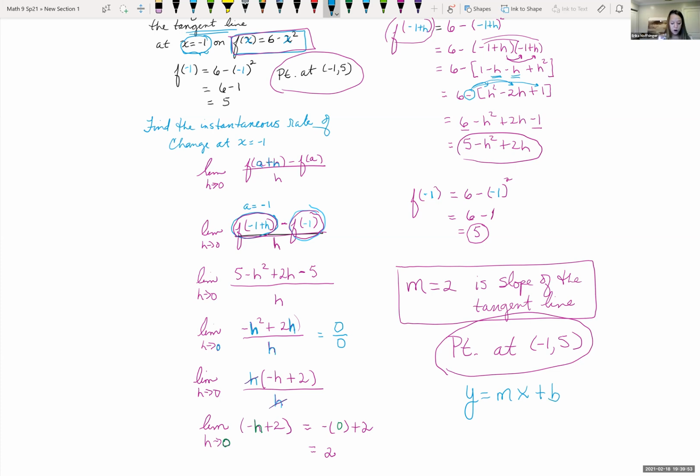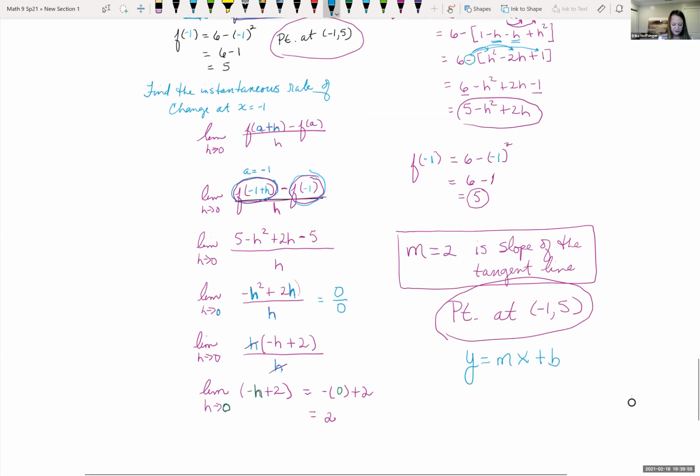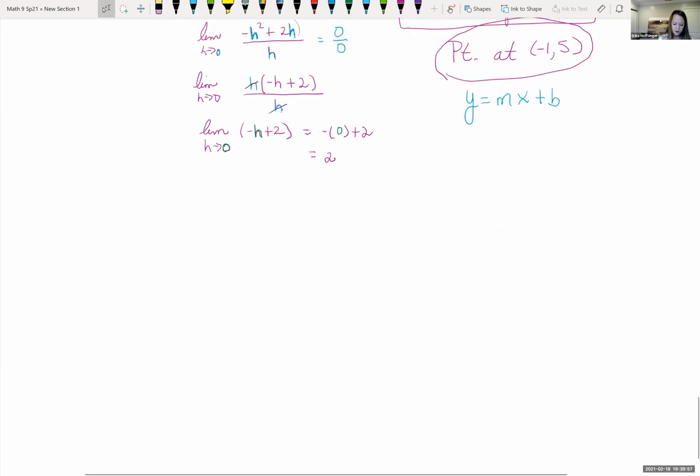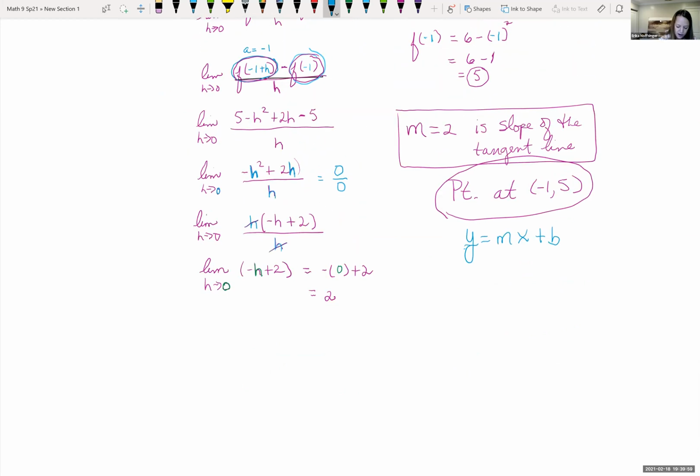In point slope form, we know enough information that if we plug in our values for our point, our y value is 5, is equal to the slope. Well, our slope is positive 2, all times x.